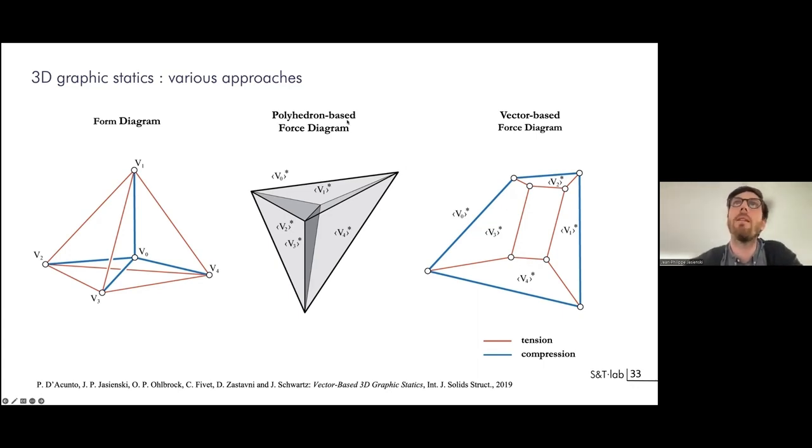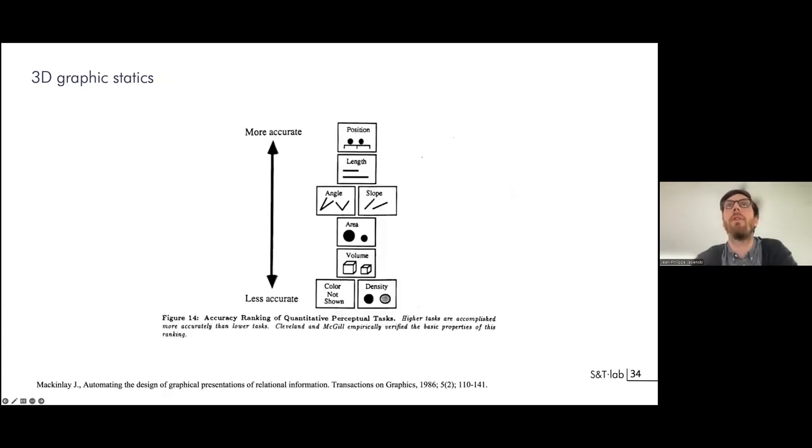So basically the main benefit from the polyhedron-based approach is that the diagrams are purely reciprocal. And I would say that the main benefit from the vector-based approach is that we believe that lines are easier to perceive than areas and volume.